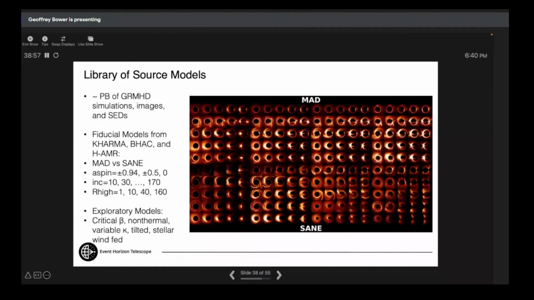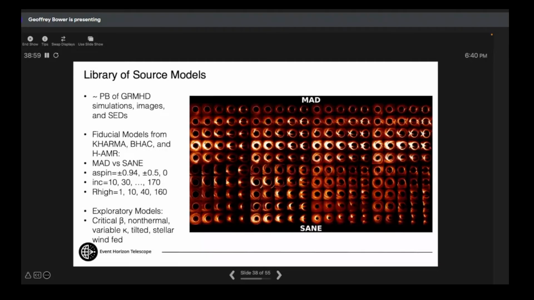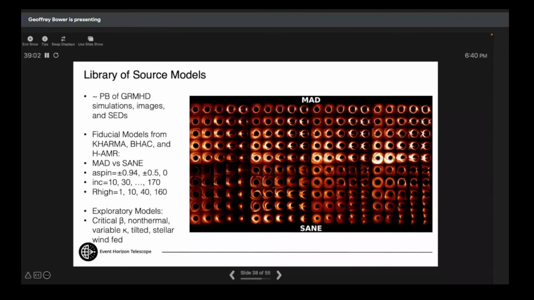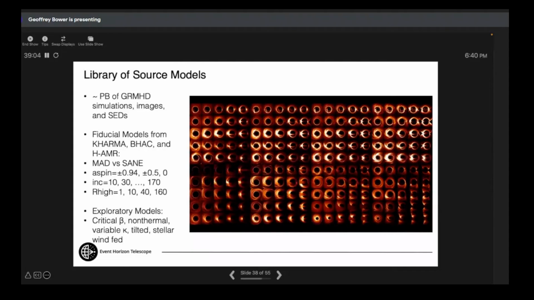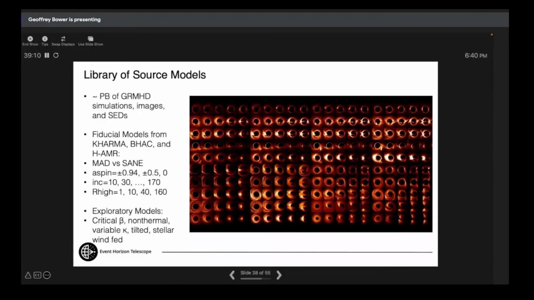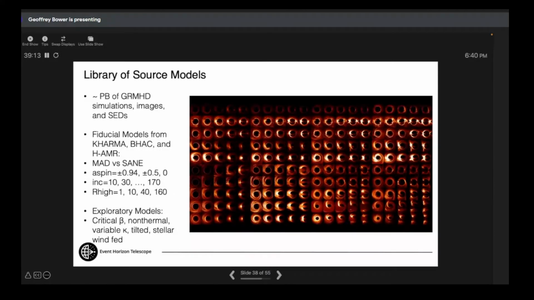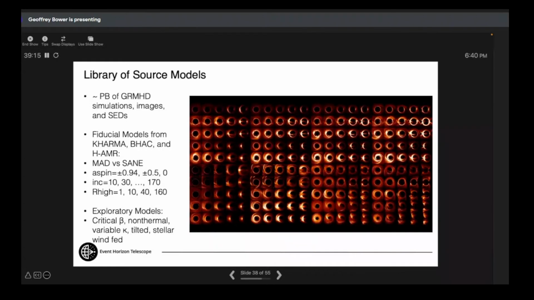We also do MAD and SANE models, which is a way of characterizing the significance of magnetic fields. And these are all time-dependent models. MAD, as many of you probably know, is magnetically arrested disks.